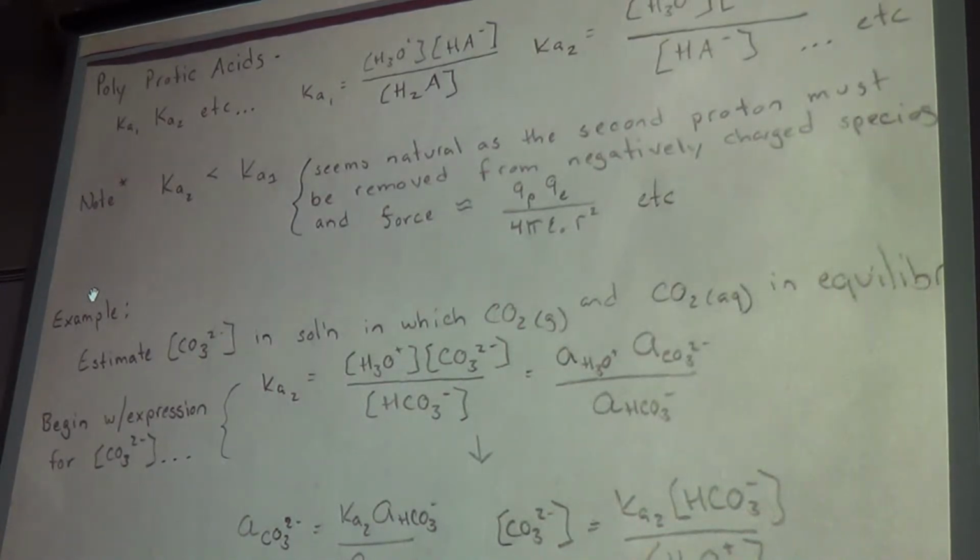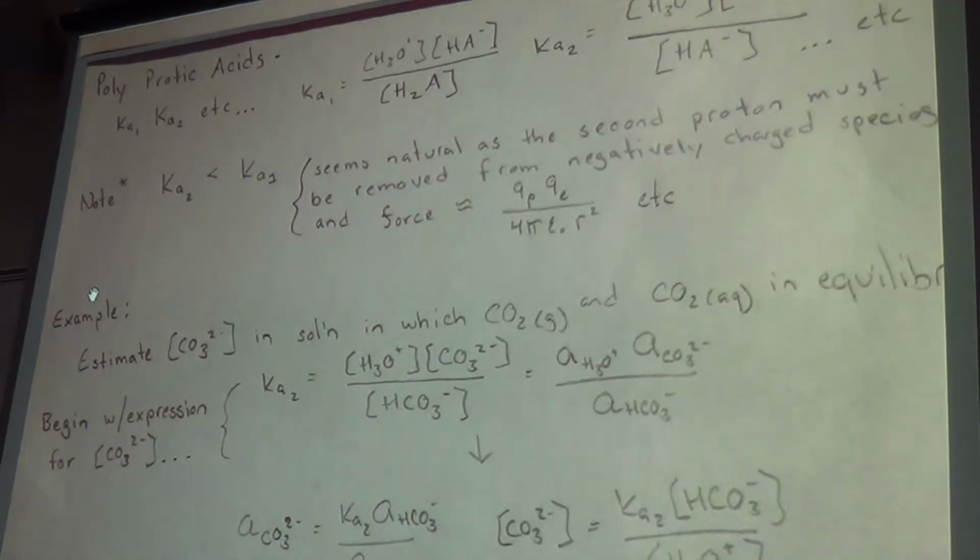This is what we expect from a basic electrostatic analysis of the problem. You get rid of that first proton, now you've got a negatively charged species. And as you try to remove that second proton from the negatively charged species, the magnitude of the force binding that positive charge to the negative charge is larger. Right?